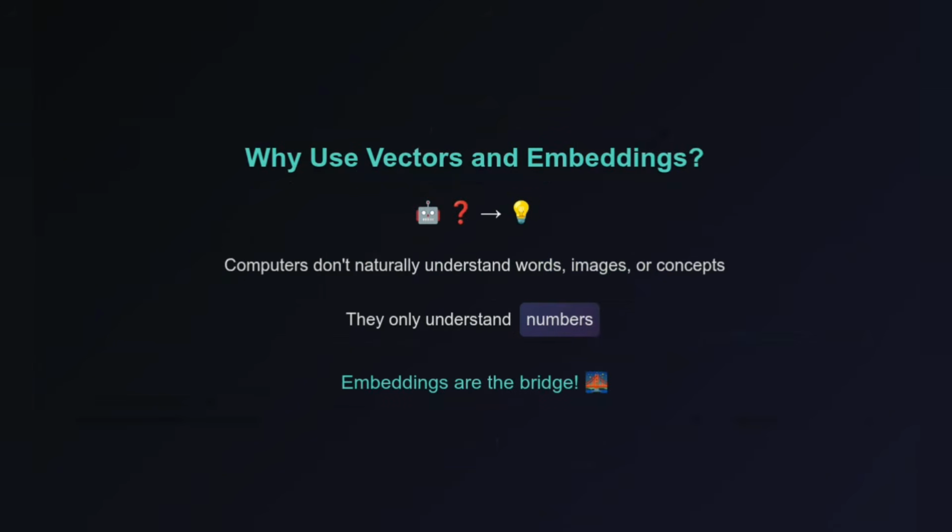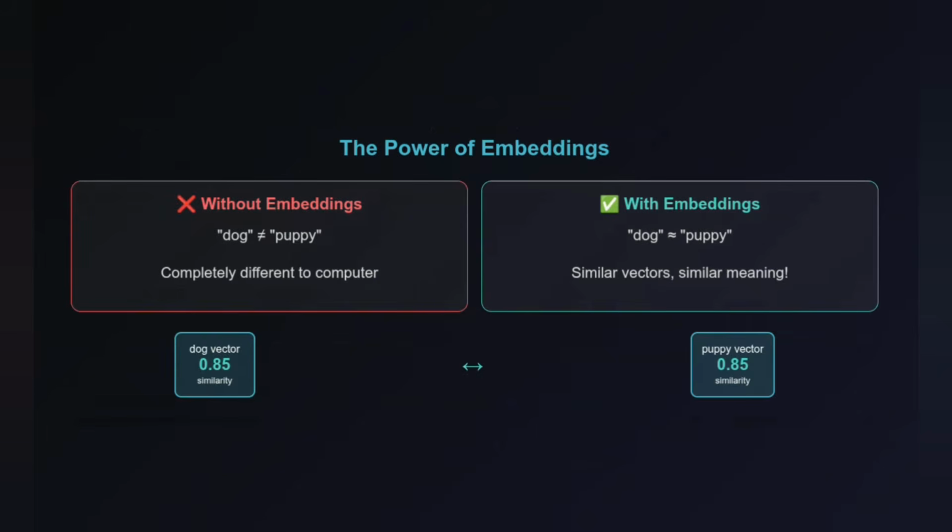Here's the thing. Computers don't naturally understand words, images, or concepts. They only understand numbers. Embeddings are the bridge that translates human concepts into computer language. Without embeddings, dog and puppy are completely different to a computer. With embeddings, the computer can see they're related.